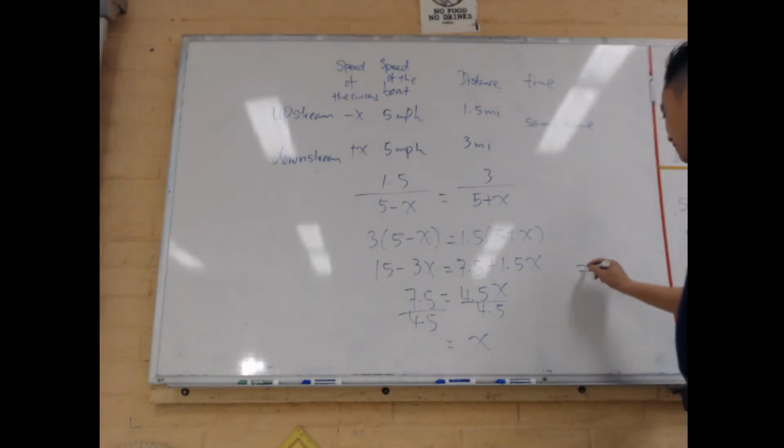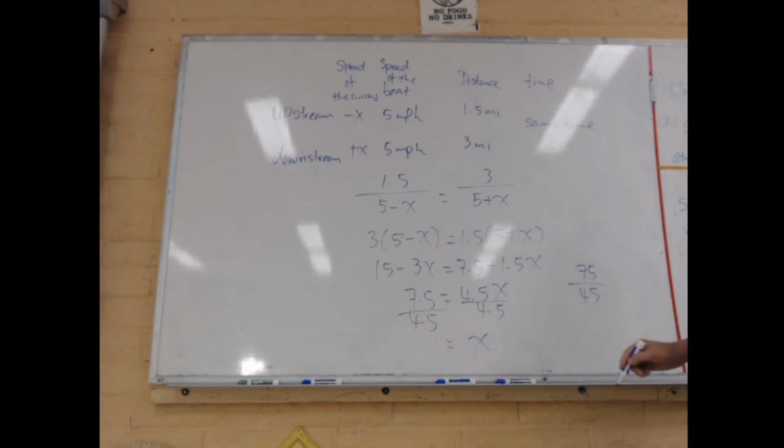So we have 7.5 over 4.5, which is 75 over 45. We try to reduce it, so we can divide by 5 top and bottom, so we get 15 over 9. Then reduce that again, dividing by 3 top and bottom, so we have 5 over 3.